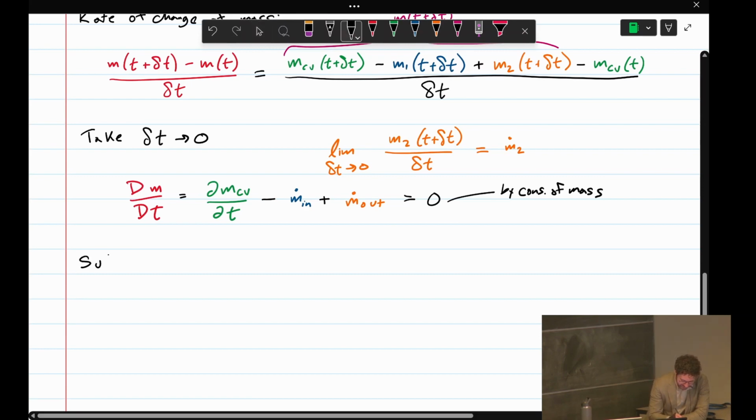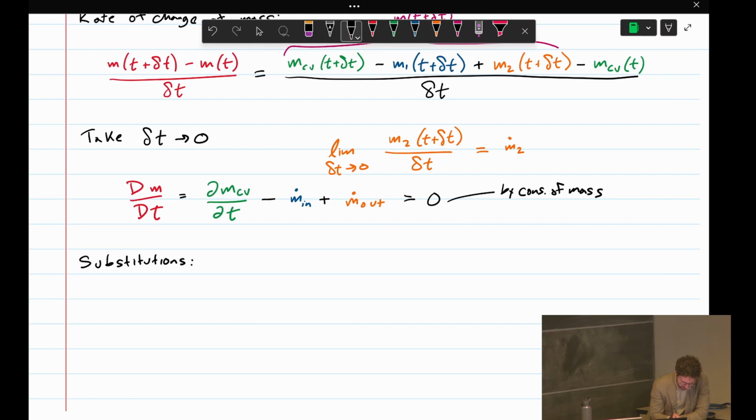We're also going to make these substitutions. Here's where the integrals enter. The mass of our control volume, we've learned, is the volume integral of density.